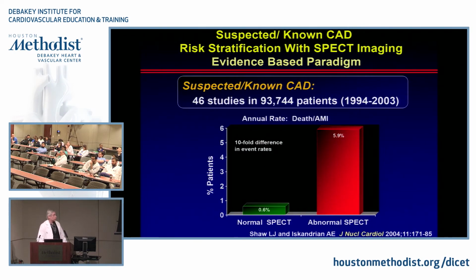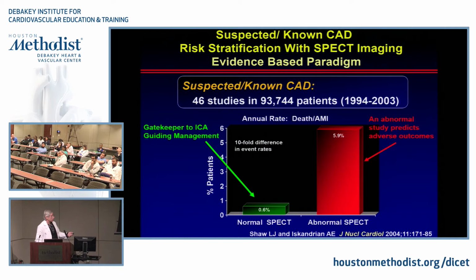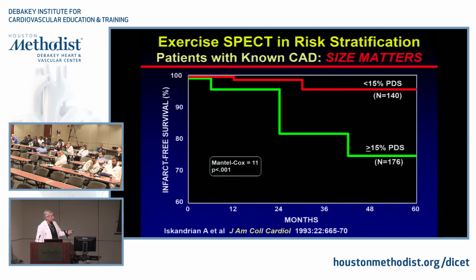And remember, this is just looking at data with a normal SPECT versus an abnormal SPECT. There's a 10-fold difference in event rates, right, in terms of death and MI. But what's important to remember is that size matters, right? So the larger the perfusion defect, the more likely you are to have an event, okay?